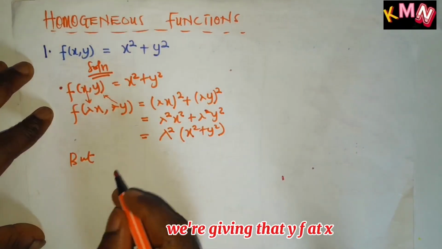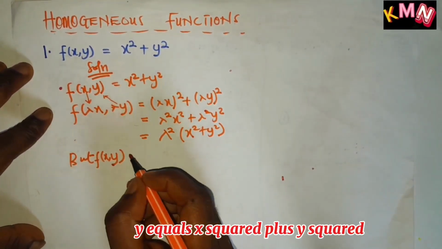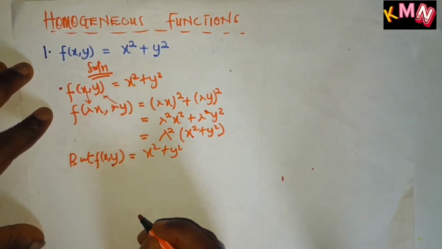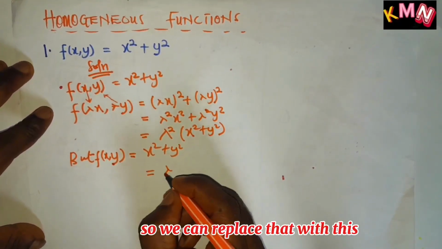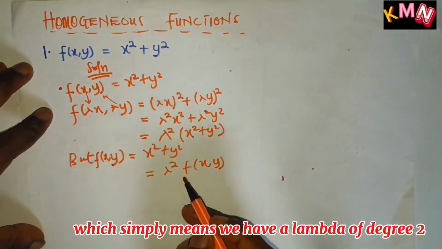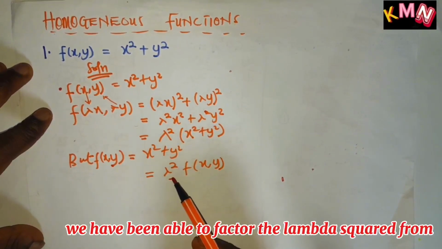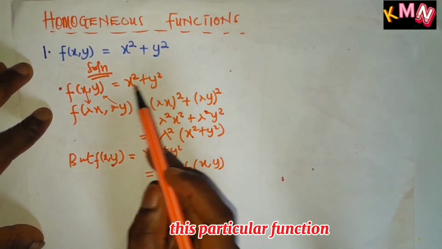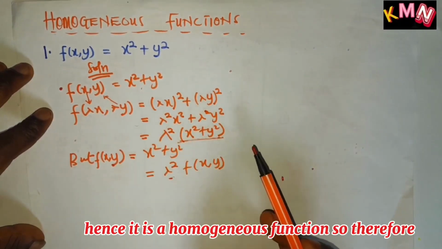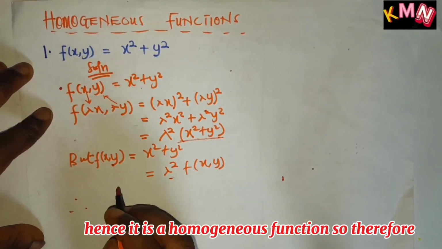We're given that f(x, y) = x² + y², so we can replace that with this, which simply means we have a lambda of degree 2. Since we have been able to factor the lambda squared from this particular function without having any lambda left in it, hence it is a homogeneous function.